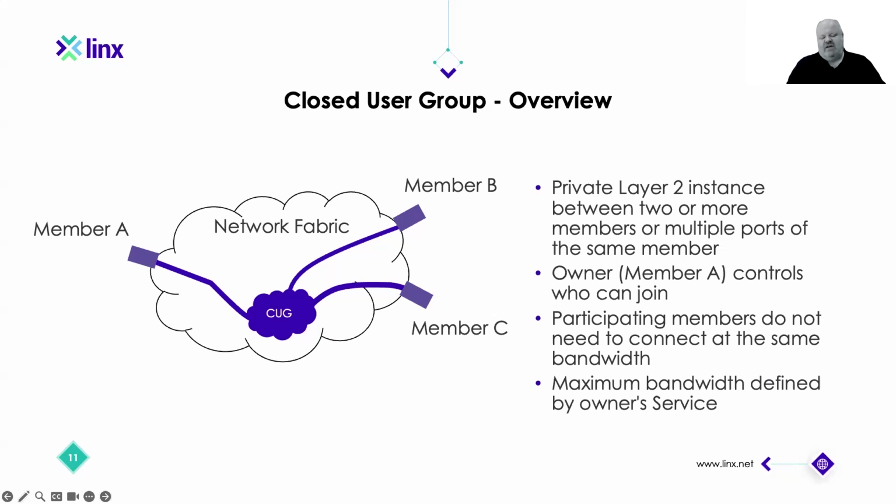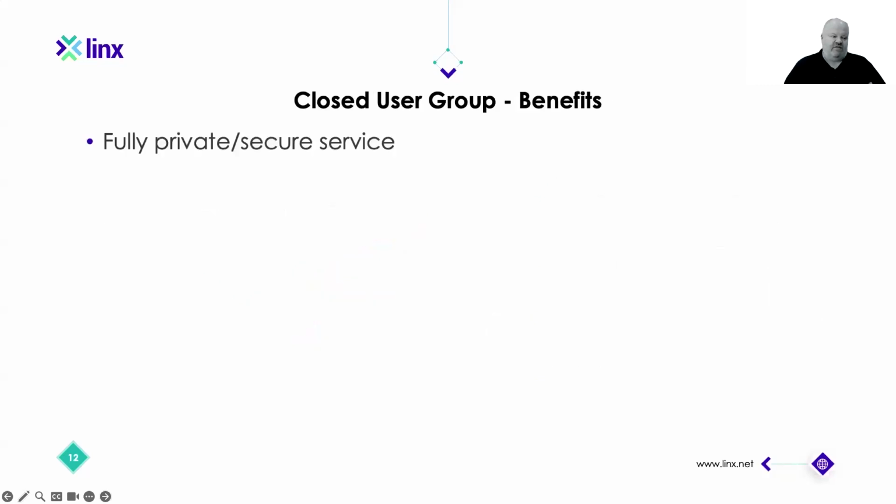If you order a 10 gig closed user group, the maximum bandwidth that any port connecting into that closed user group can have is 10 gig. If you only order a 50 meg closed user group, that sets the maximum bandwidth that can be used on any of the other services. So whatever the owner orders as bandwidth at the start of the process is what defines it. But again, this can be changed, increased, decreased.